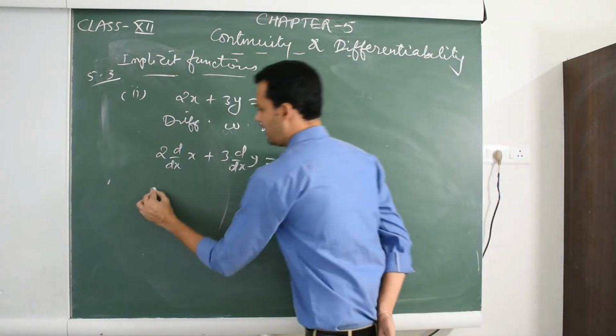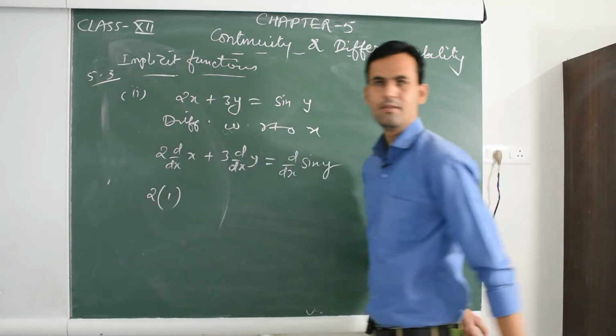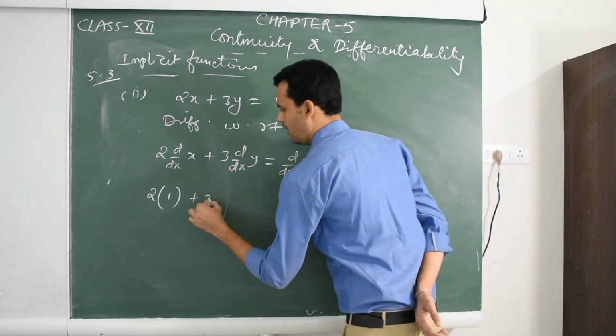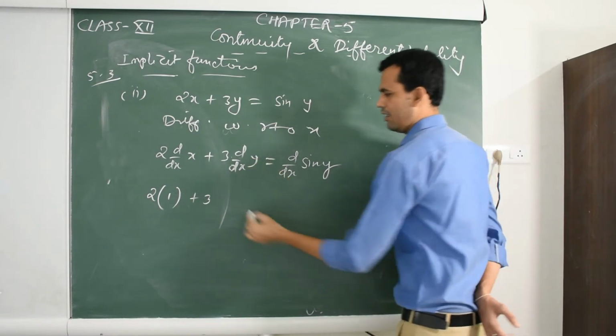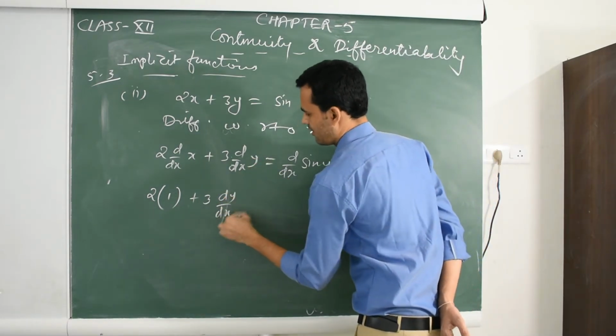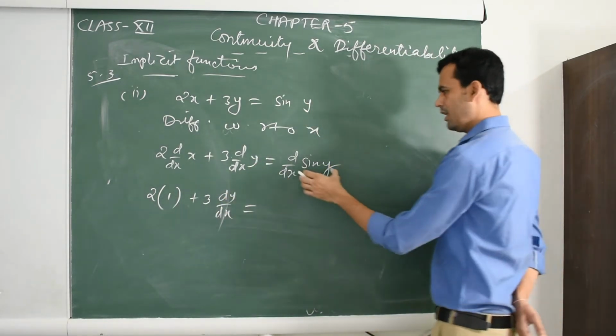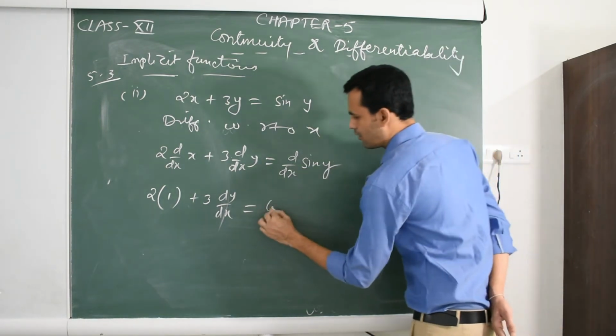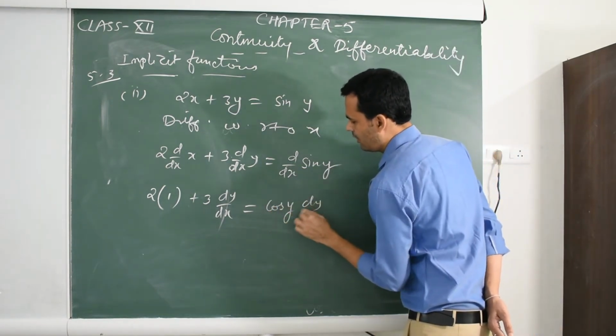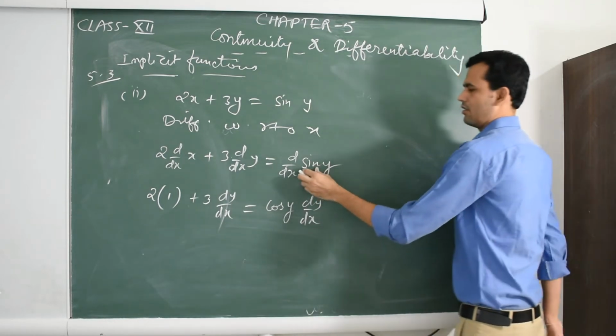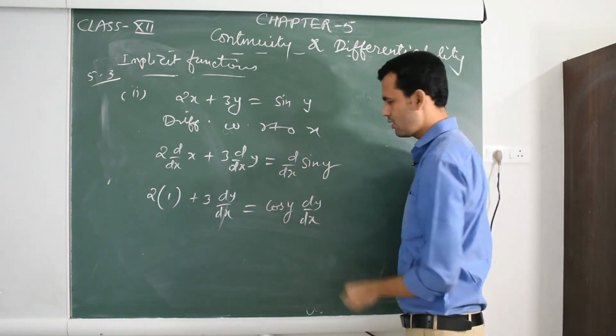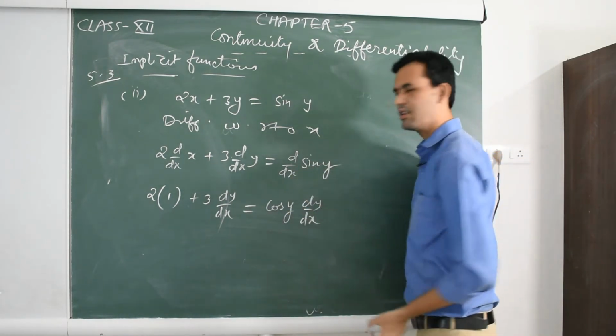Okay. d/dx of x is 1, plus 3 d/dx of y, it means it is dy/dx, and d/dx of sin y is cos y dy/dx. Sin differentiates to cos, and differentiation of y is dy/dx.